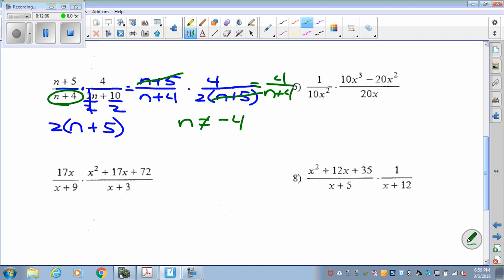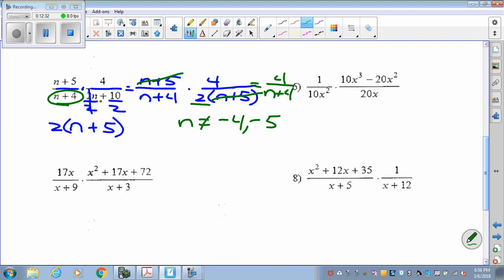And then over here, if you look at this factor here, 2 is 2, so we don't have to worry about that. But n plus 5, the opposite one would be a negative 5, right? You always, the zeros are opposite of the factors, so those are your excluded values.